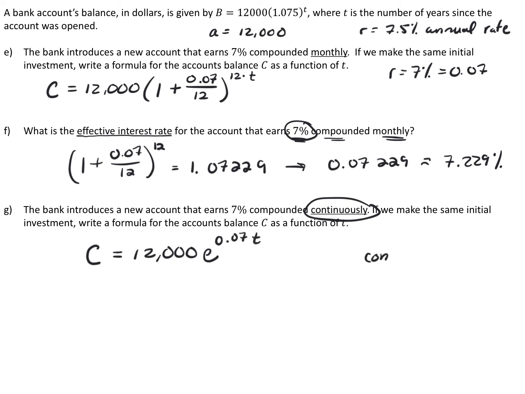So here our continuous rate is that 7%. You can think of this as K, that's going to be 0.07, and it's going to be positive because we have an account that's growing. If it was an account that was decreasing, then that K value would be negative. But anyway, just remember that anytime you have a continuous rate or a continuous function, it's always going to be in base E.